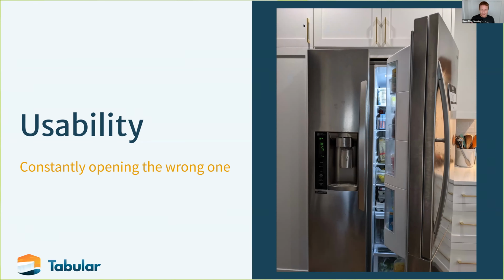And it's even worse. There is a door into the door compartment, but it's only in the center. So the very center shelf opens, and you can access things there from inside the main fridge, but otherwise you just have to close the fridge and open up the door. So this is just constantly confusing.